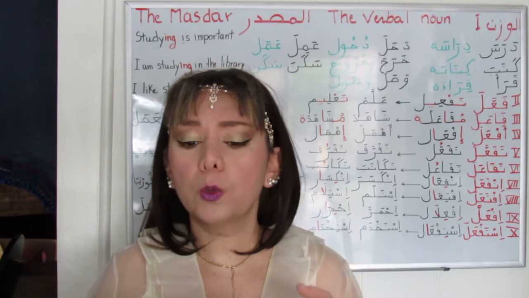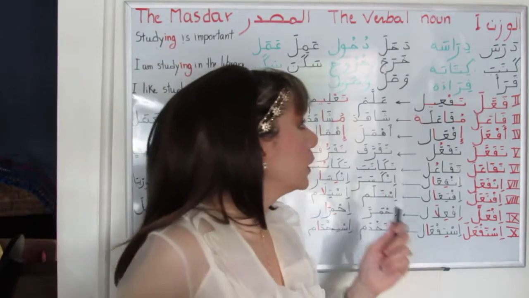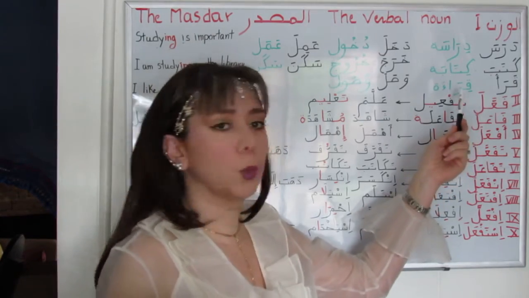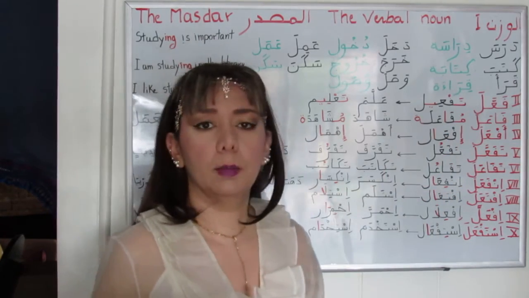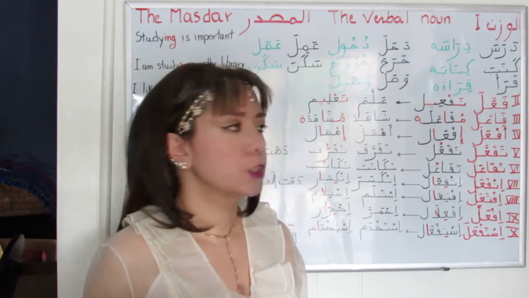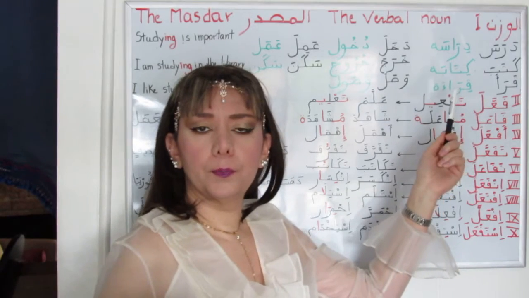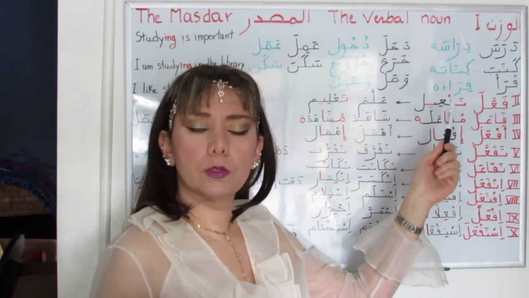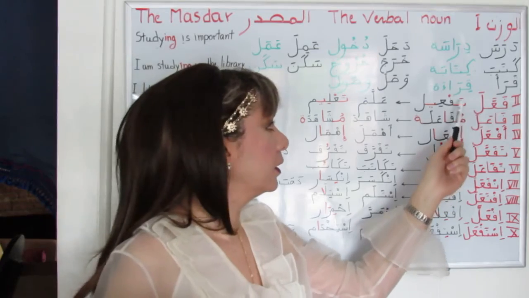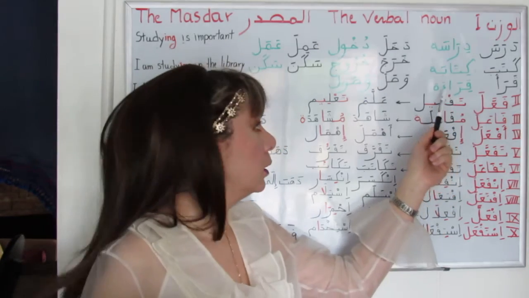If you know other words from the same root, for example, let's say you came across this word, قراءة, but you have no clue what it means. So let's extract the root from this verbal noun. We have قاف, we have ra.